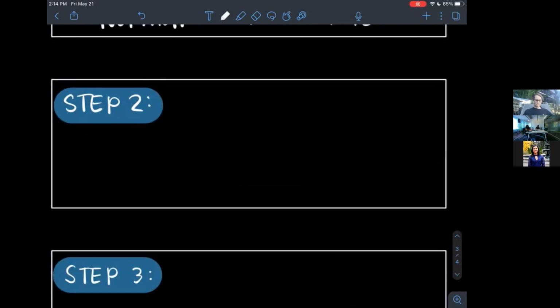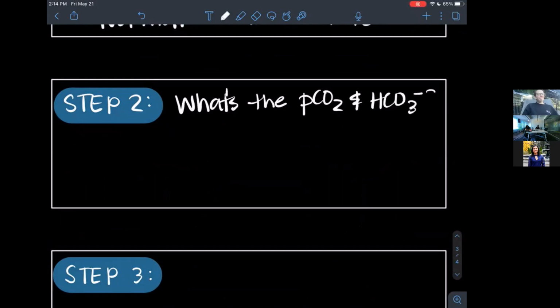Step two is you need to say what's the CO2 and what's the bicarb. So what's going on with these? We need to see what is generally normal.